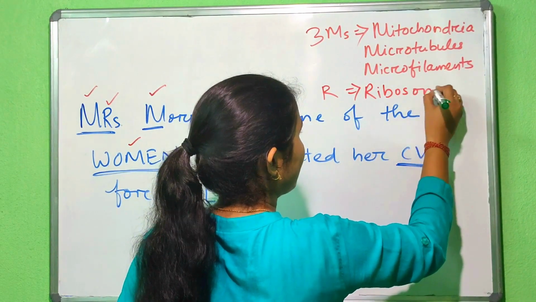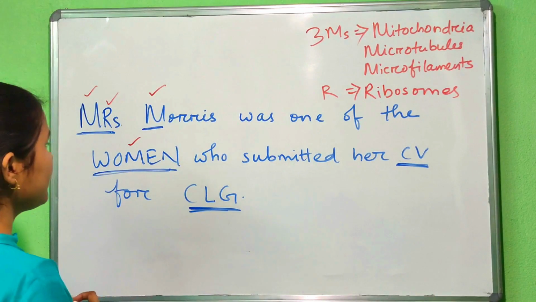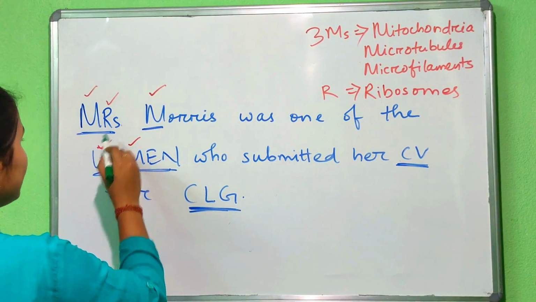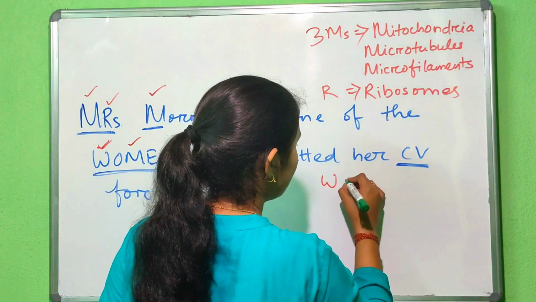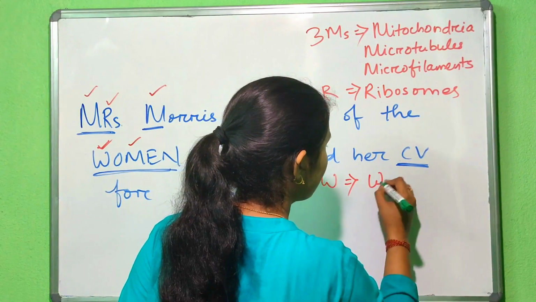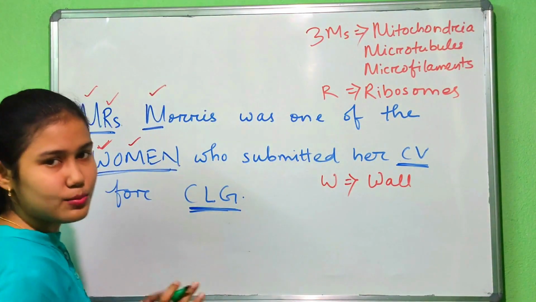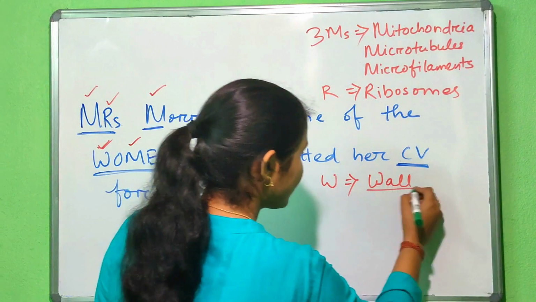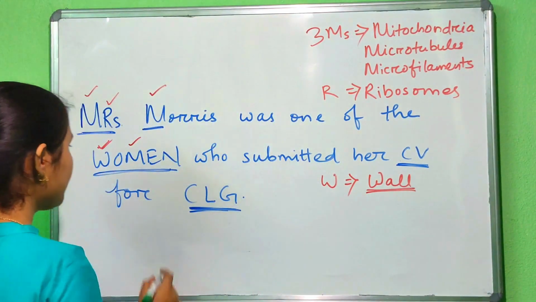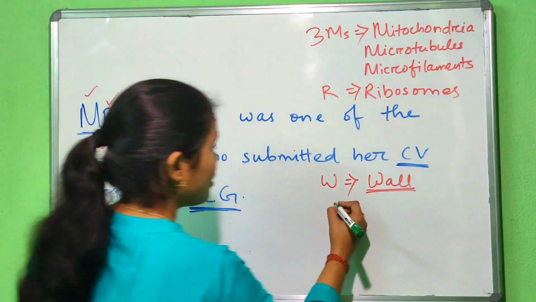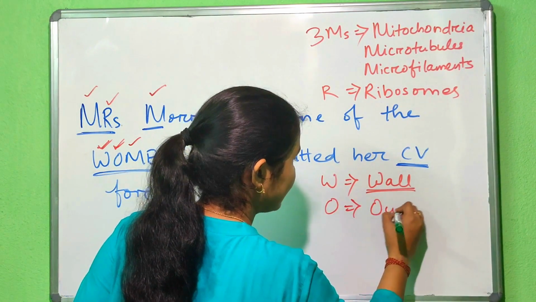Then come to W. W is for wall. That is most probably the cell wall. I have written only the wall. Then O. O for outline.